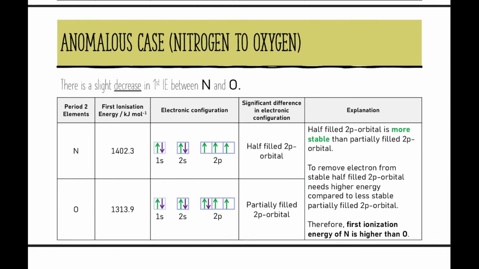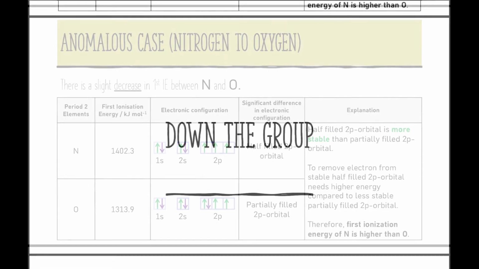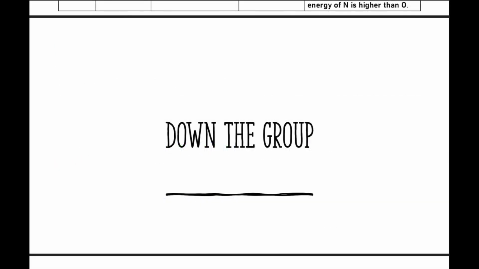Removing an electron from a stable half-filled 2p orbital needs higher energy compared to the less stable partially filled 2p orbital in oxygen. Therefore, the first ionization energy of nitrogen is higher than oxygen, even though the size of oxygen is smaller than nitrogen.